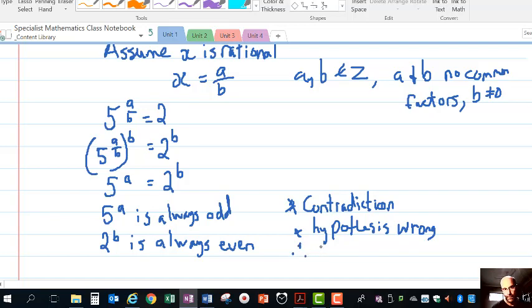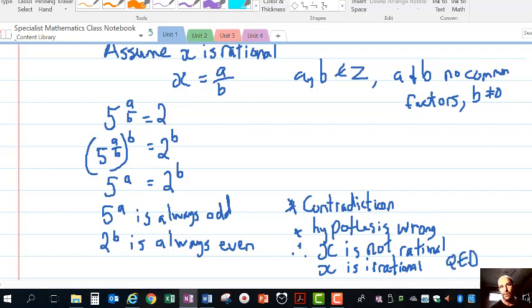Therefore, x is not rational. x is irrational. Proof by contradiction.